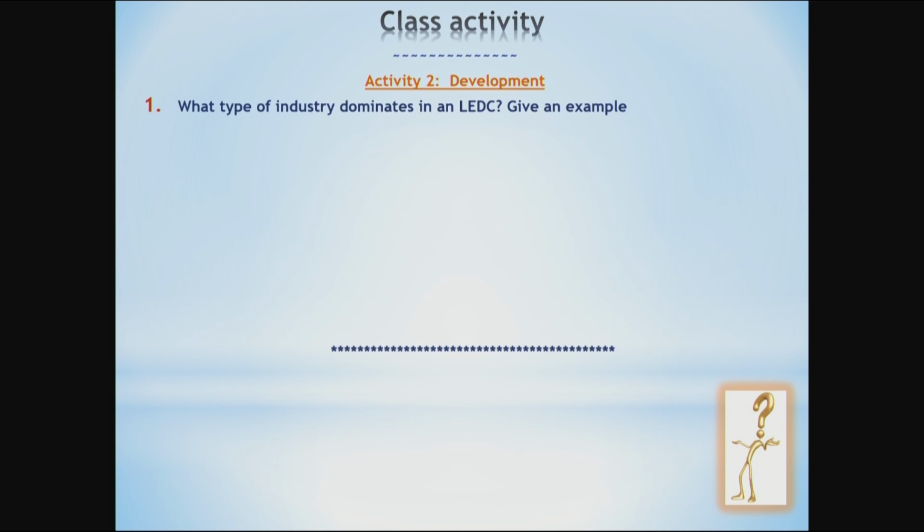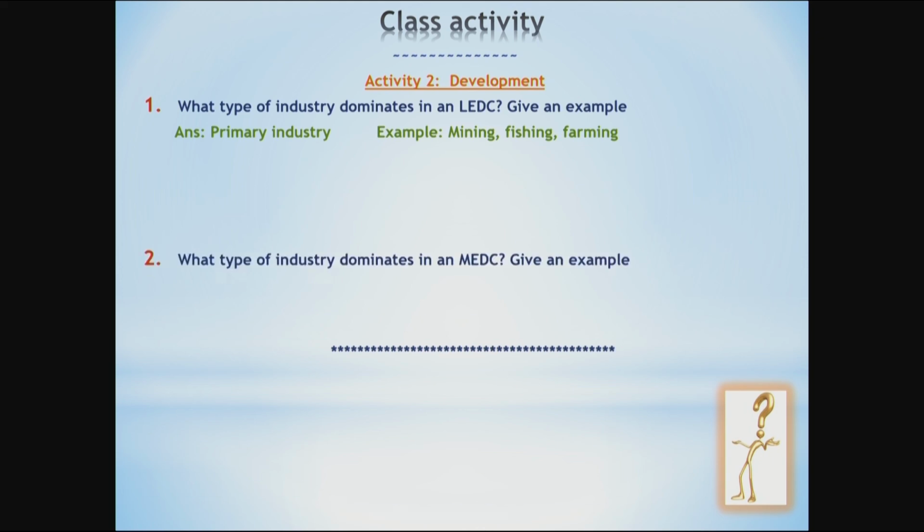What type of industry dominates in an LEDC? And you have to give an example. Yes, very good. Primary industry. An example, you can give mining, you can give fishing, and you can also give farming as examples.